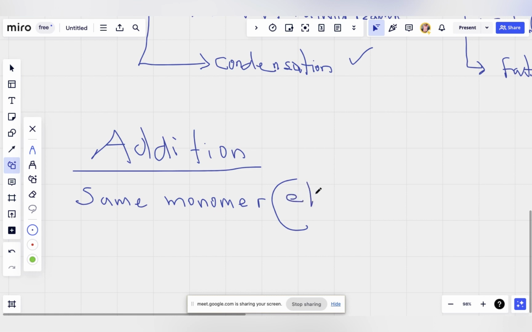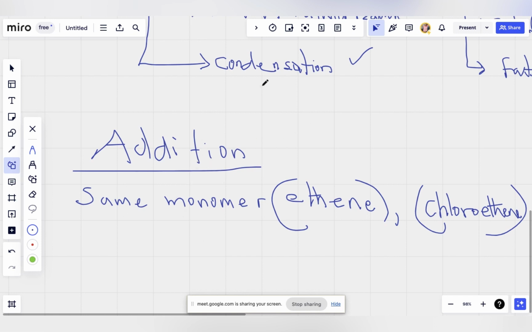But not only ethene, even chloroethene can continuously and constantly add onto itself to form this polymer. So these are good examples of monomers that are used in addition polymerization. There are more, but these are a few examples.